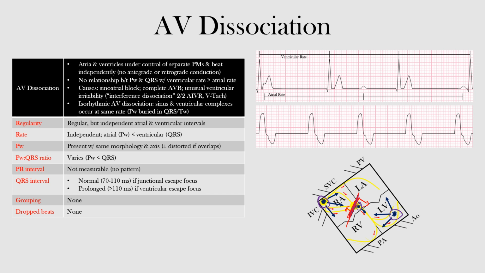And some suggest that the diagnosis of complete AV block or third-degree AV block should be restricted to instances in which the ventricular escape rate is less than 40 beats per minute. Anyways, the main thing here is that complete AV block and complete AV dissociation are not the same, and that complete AV block is a form of AV dissociation.